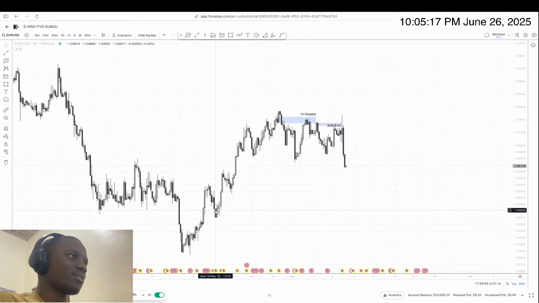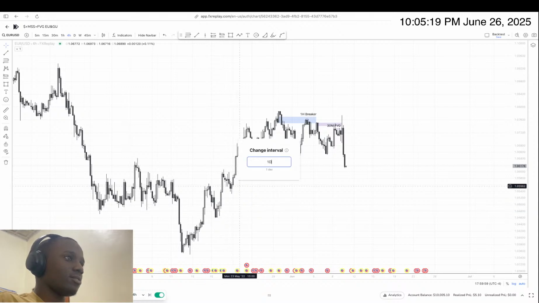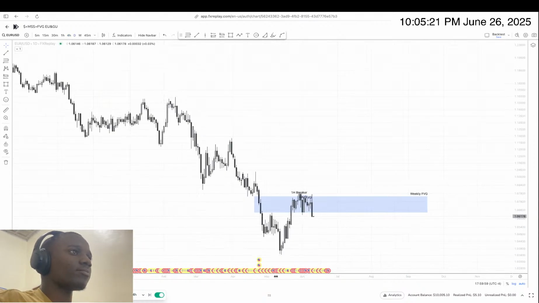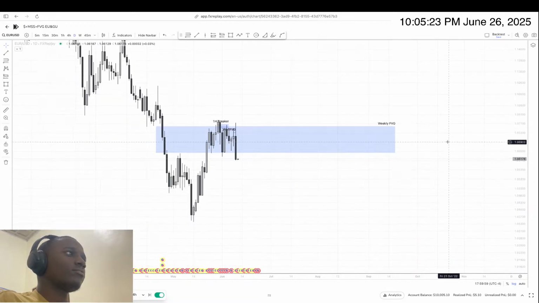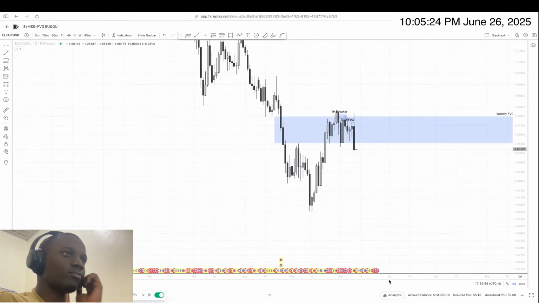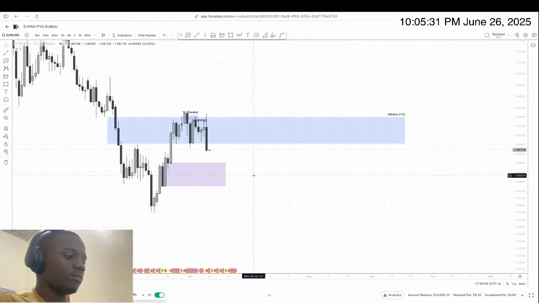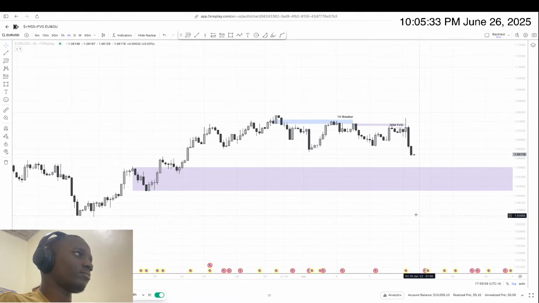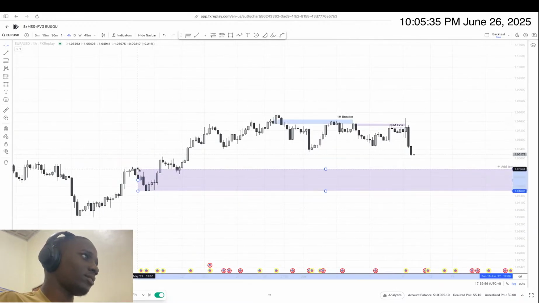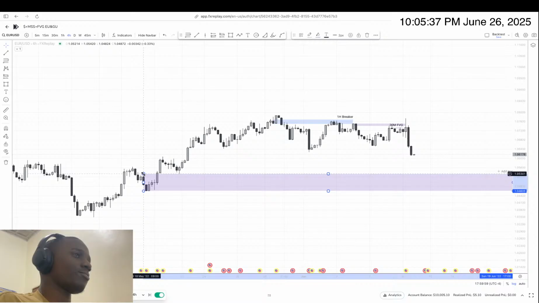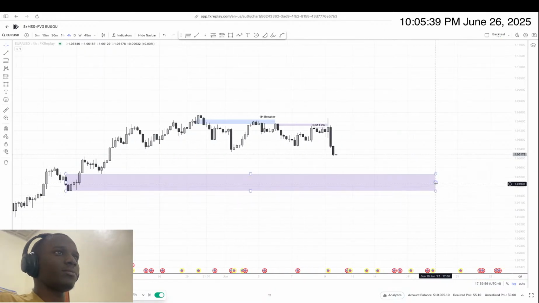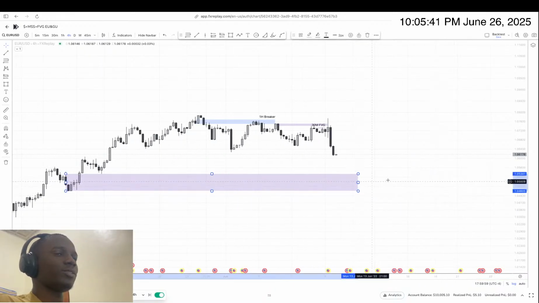Well, at least this order block or the higher one. Let's go on the daily. So this thing here on the 4 hour, yeah, you just want this zone here to be tapped into before it starts to fly again.